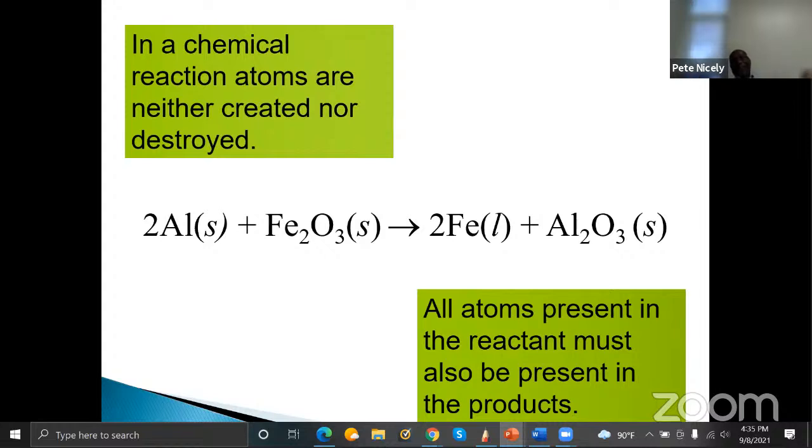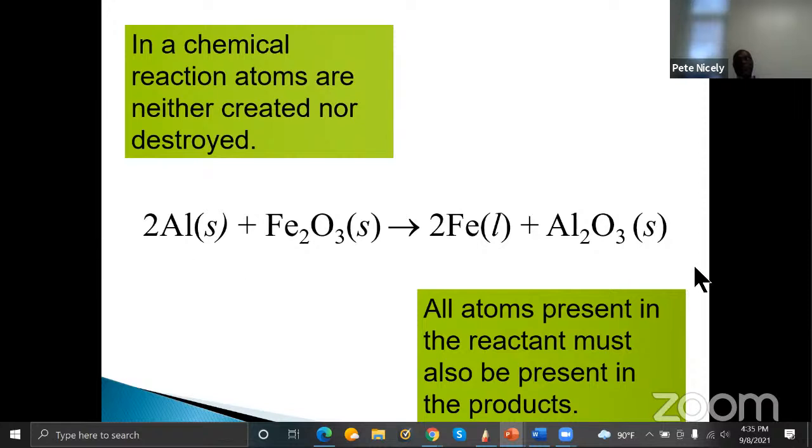And the reason why that is so is because the atoms themselves are not created nor destroyed. In other words, whatever the number of atoms of a particular element that you start off with in a chemical reaction, you're going to end up with the same number of atoms of that element on the other side of the equation. And that is exactly what you see here in this balanced equation.